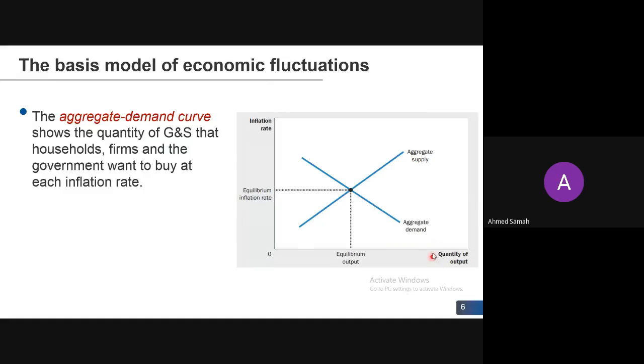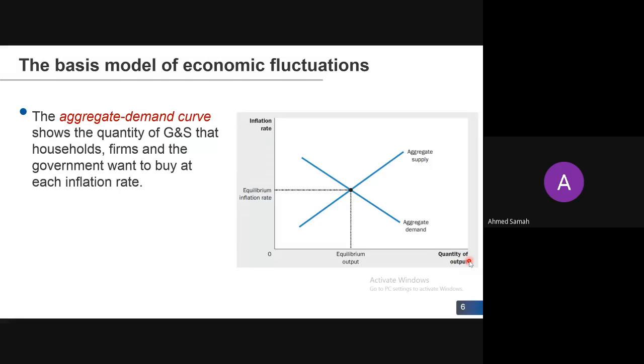In microeconomics, for example, for the demand for a single product, there we write the quantity of that particular product. So basically, aggregate means summing up. Summing up of things is aggregate.